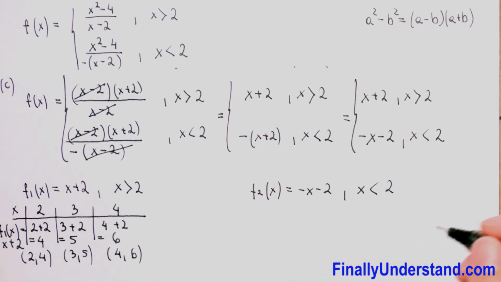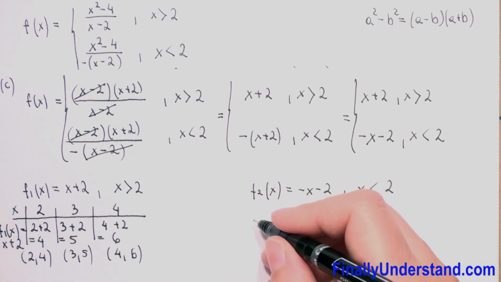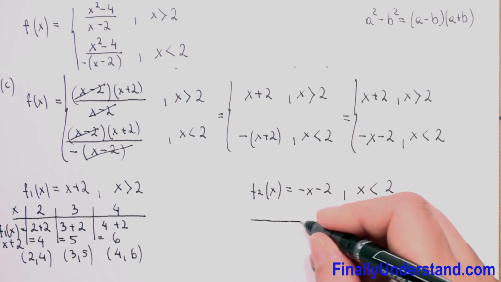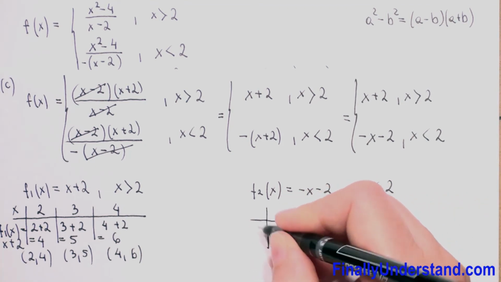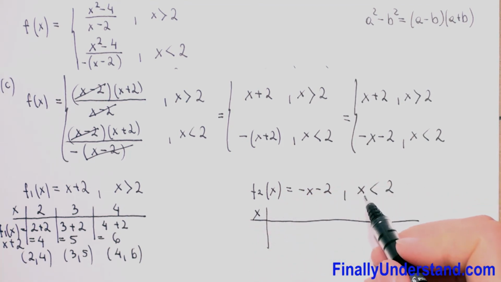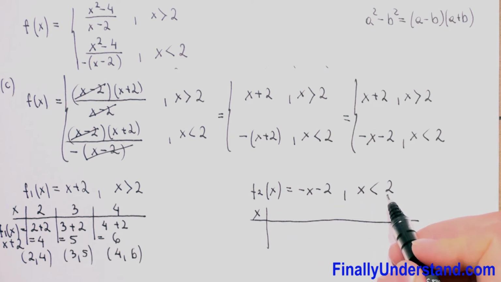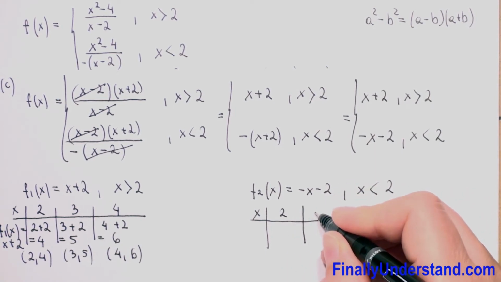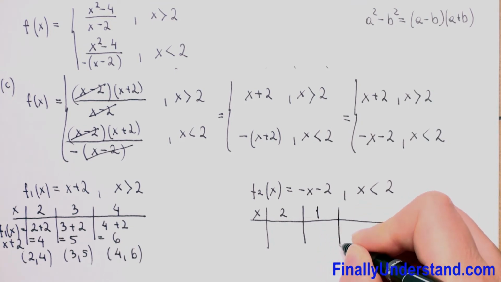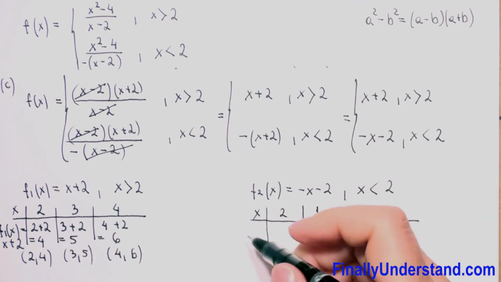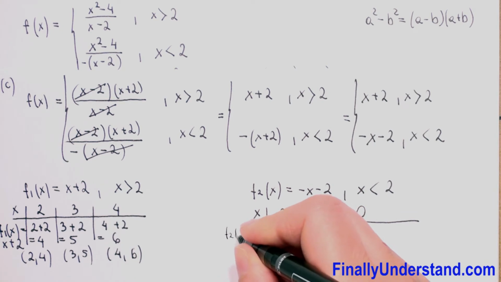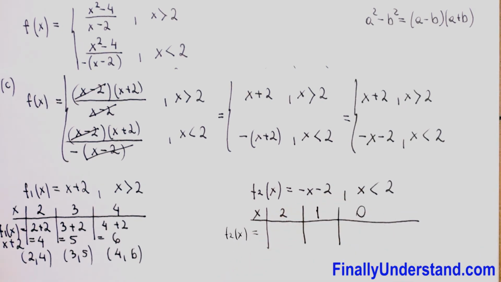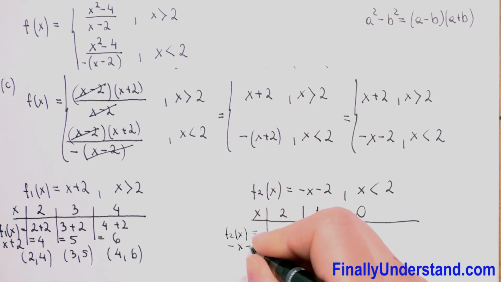Now we have to do the same for the second part of our function. I have to choose x, and x now has to be less than 2. So like before, I check what will happen for x equal to 2. Values less than 2 will be 1, 0. f2 of x is equal to negative x minus 2.